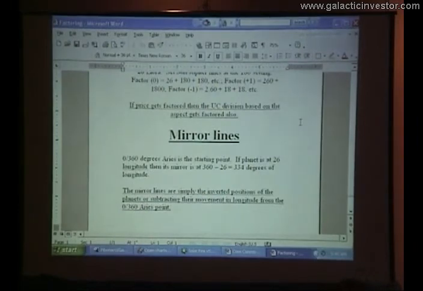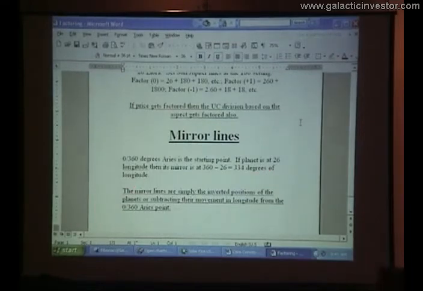Now the other effective tool is what's called the mirror lines. If we have a 0, 360 point, which is 0 degrees Aries, the starting point, and a planet's at 26 degrees longitude, its mirror is 360 minus 26, or 334 degrees of longitude.